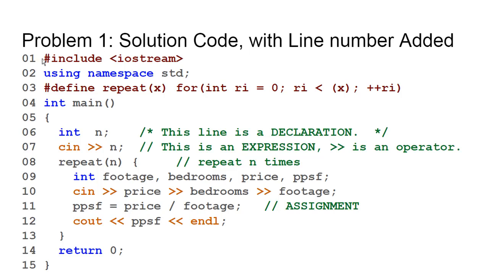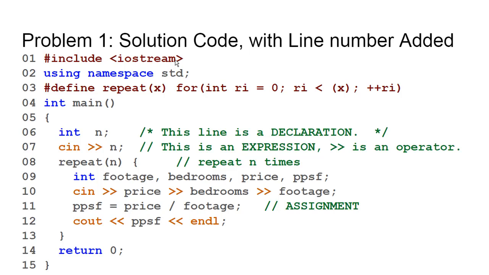So for example, line 1, sharp include, tells the preprocessor I want to include the content of another file inside here, and here iostream is the name of this file that we want to include. This is a part of the standard library that includes the variables and operator definitions for input and output.